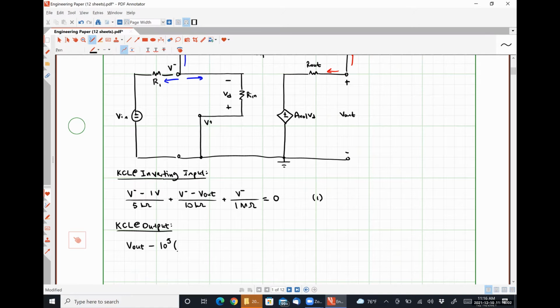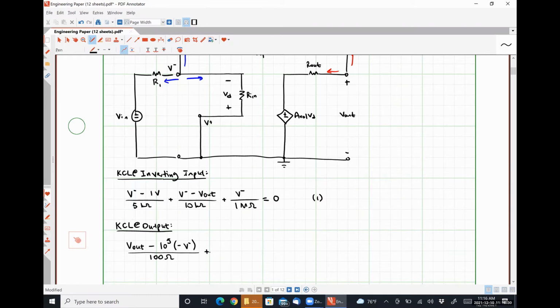Justin, you have any thoughts? It's a negative V minus, right? Because it's 0 minus V minus. Yeah. So negative V minus, divided by our output resistance of 100 ohms.